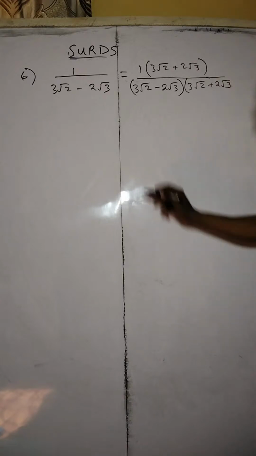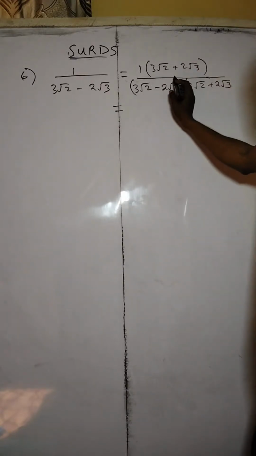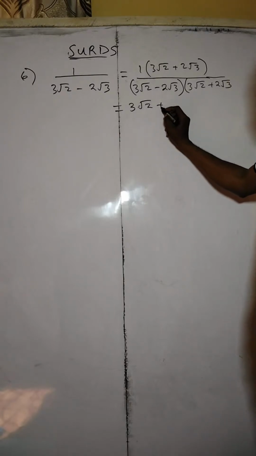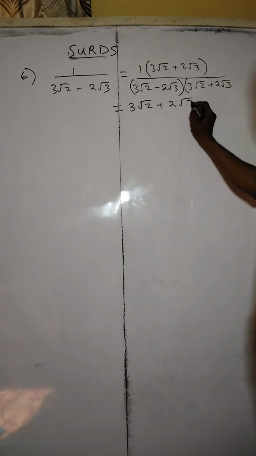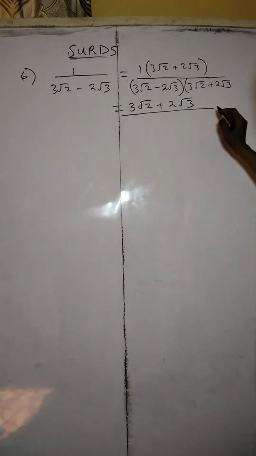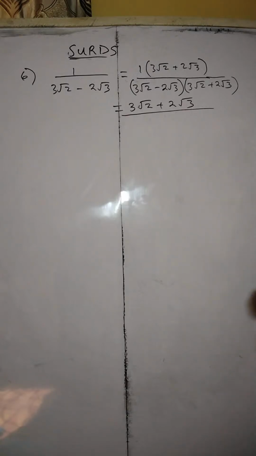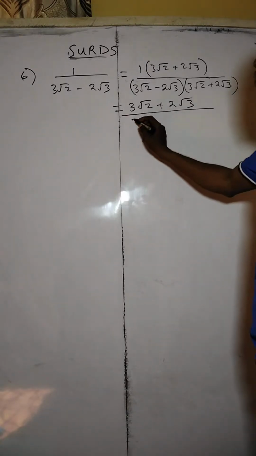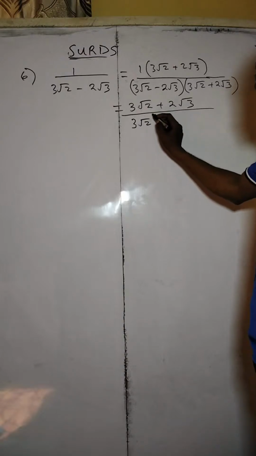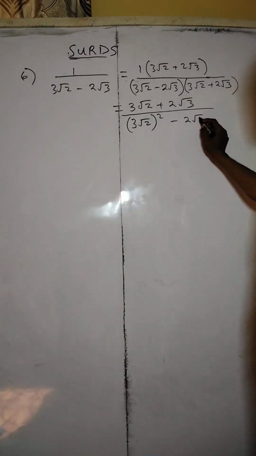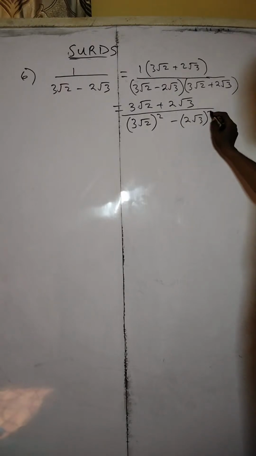Then when we expand here, we have 1, open the bracket, you are still having 3 root 2 plus 2 root 3 there, then divided by, here this follows the conjugate surd, which is difference of two squares. So we have this as 3 root 2 all squared minus 2 root 3 all squared.